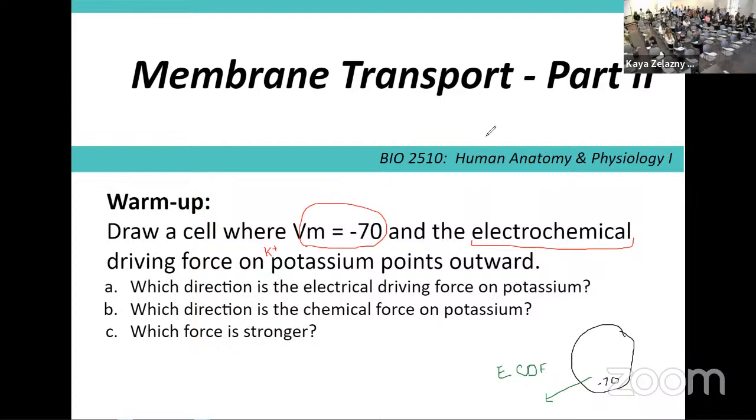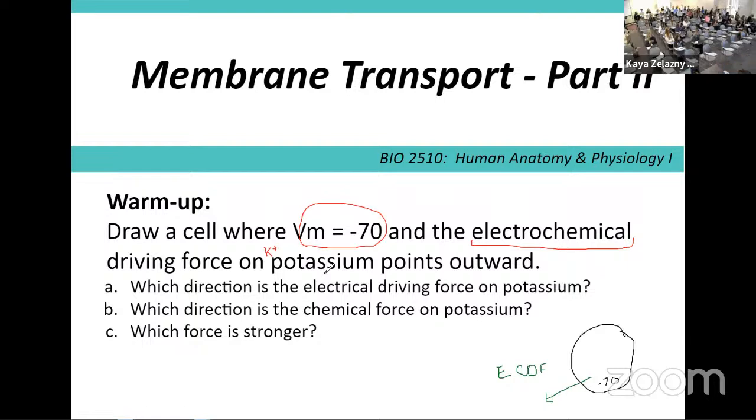Okay. In this case, I'm stepping you through how I might think about some of these situations. So we're looking at a cell at our resting membrane potential of -70. We actually already know that the ECDF points out, because that's given to us in our example. Okay. So our electrical driving force has to do with like charges repelling, opposite charges attracting.